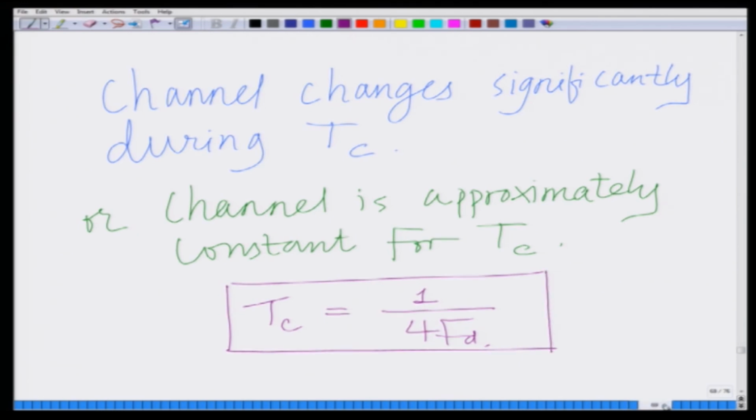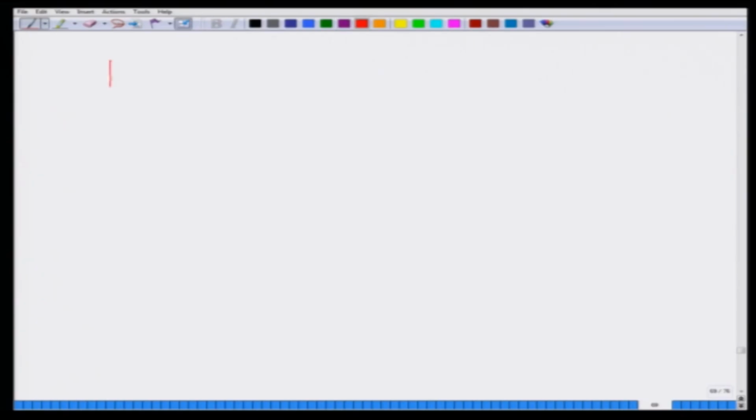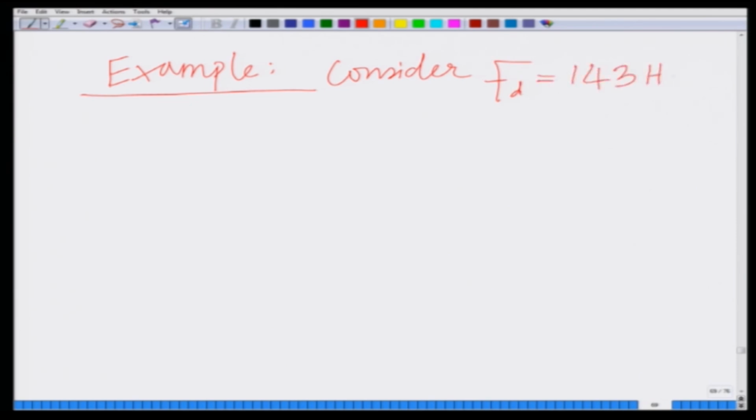And to understand this further, let us do a simple example to understand the concept of coherence time. For instance, let us do a simple example for the coherence time. Consider, as in the previous example, our Doppler shift equals 143 hertz, right, in the previous example.